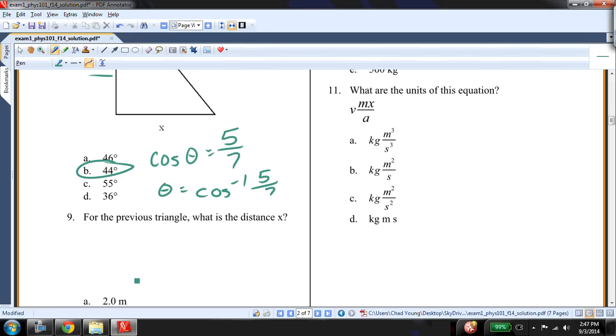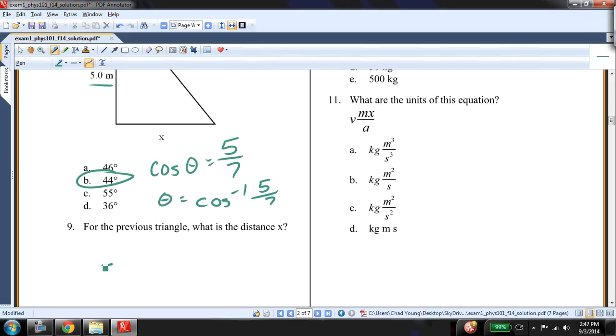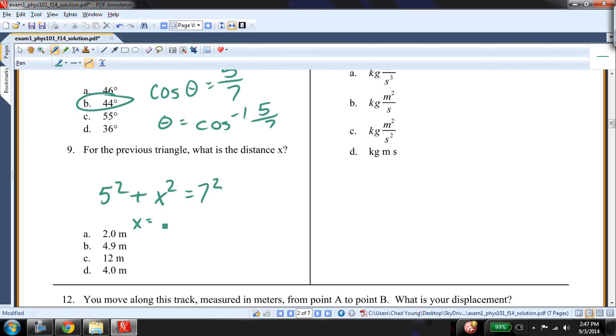All right. If you use the radian mode, you won't get the right answer at all. It's not even on there. What is the distance x? I know that 5 squared plus x squared equals 7 squared. So x is equal to the square root of 49 minus 25, which is 4.9. So B.